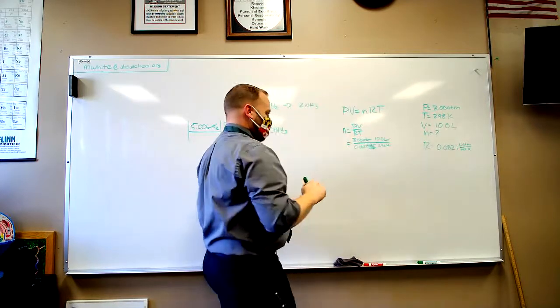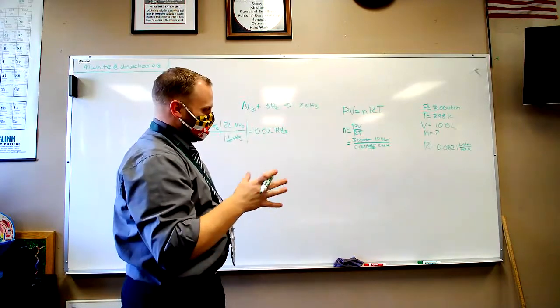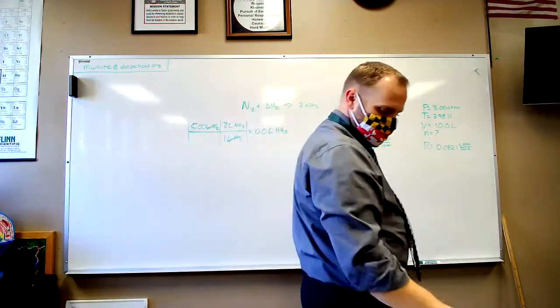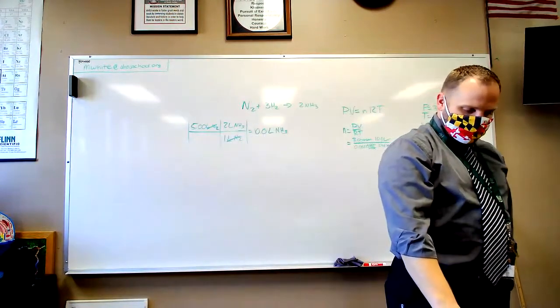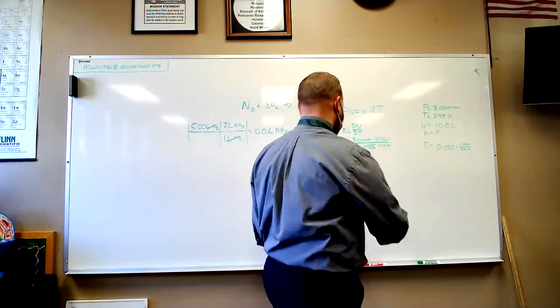We're left with 1 over 1 over mole, which is exactly what we want, because that's just moles. And now we just put that in the calculator. Yeah, that's all we have to do is put that in the calculator. And that gives us 1.23 moles.